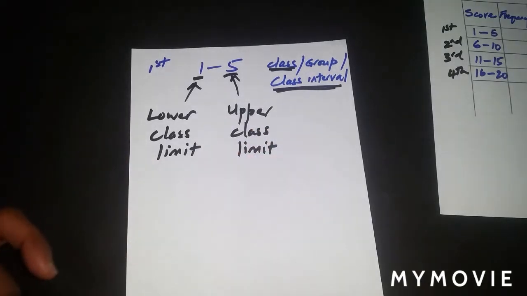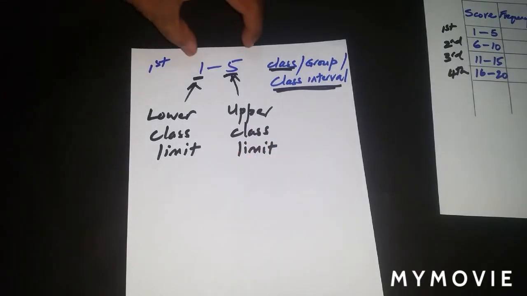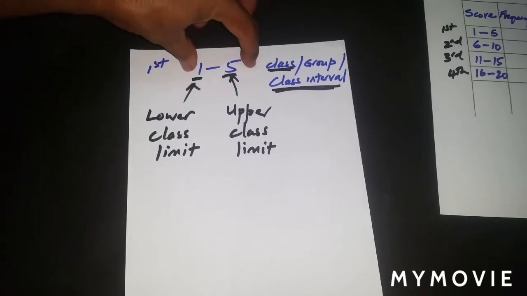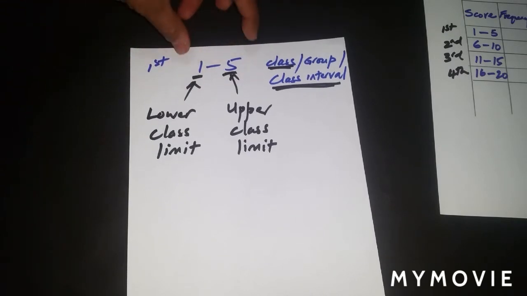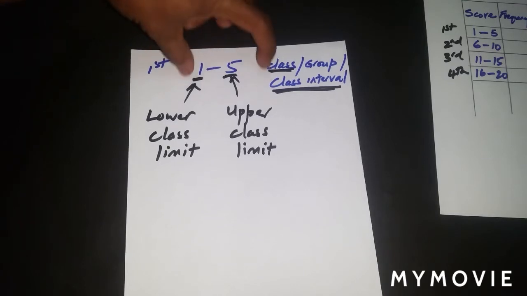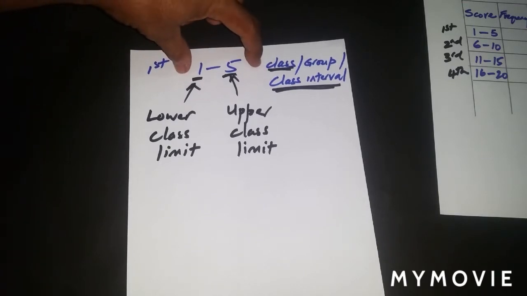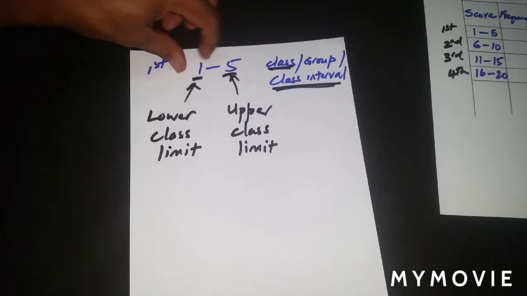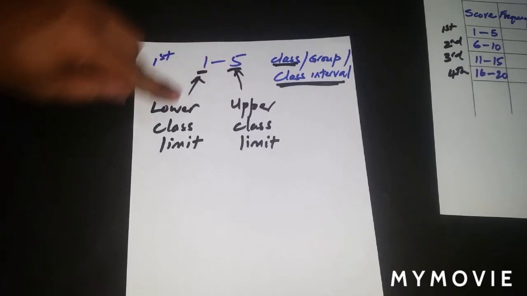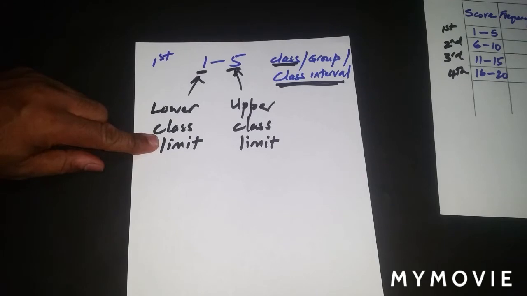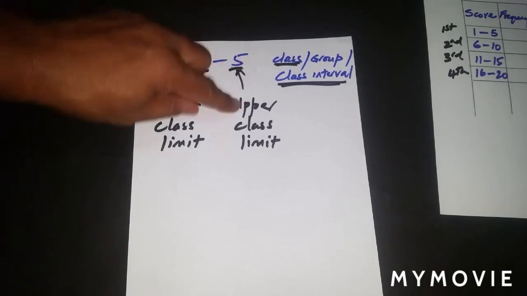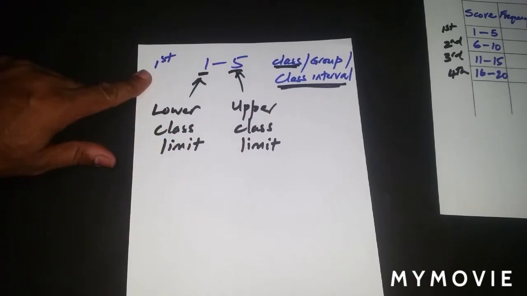So this is referred to as a class or group or class interval. Each class or group or class interval has limits, has class limits. This here would be the lower class limit, and 5 would be the upper class limit for the first class.